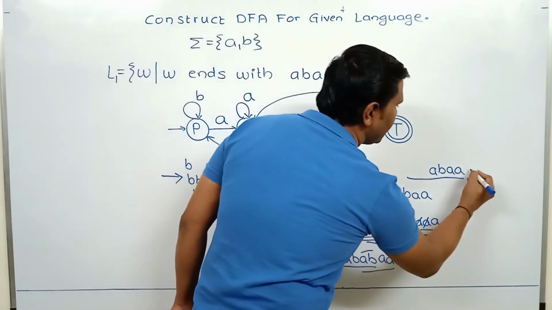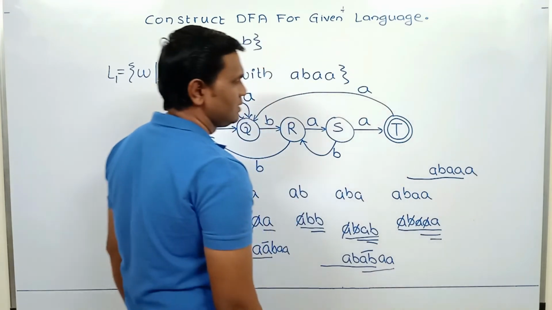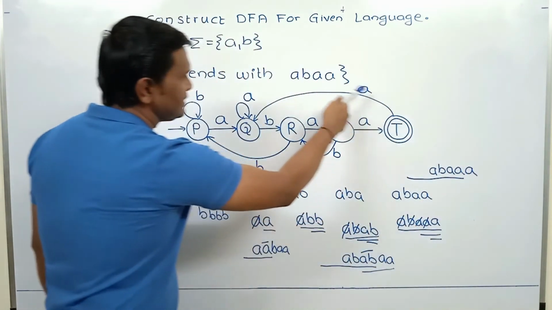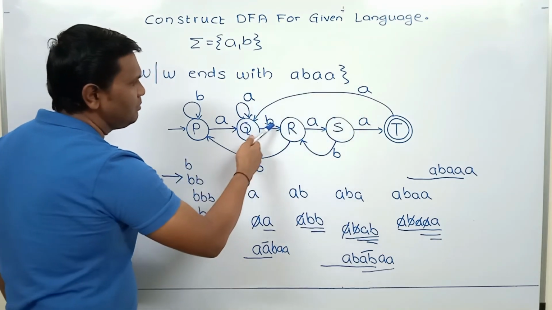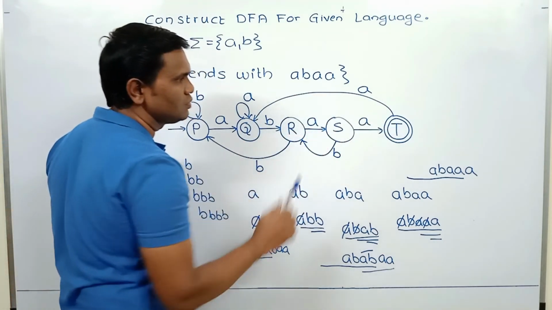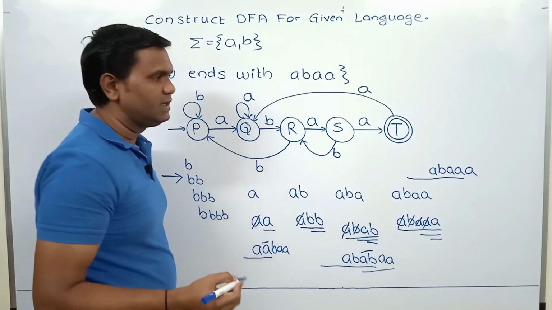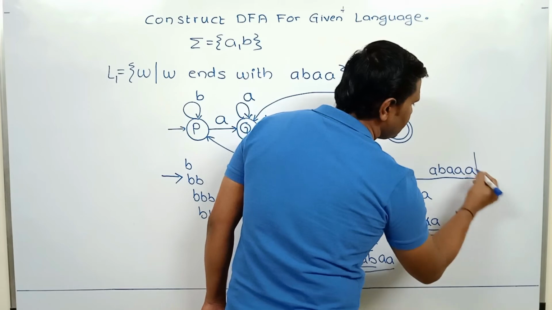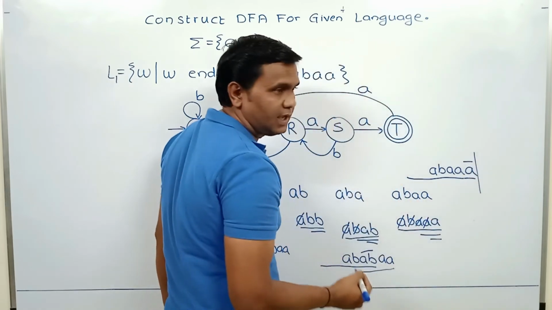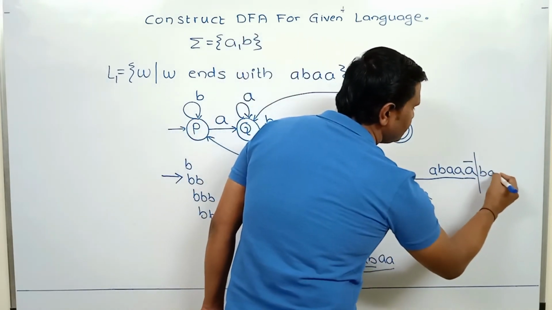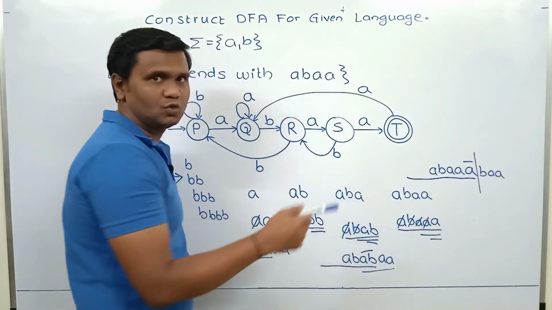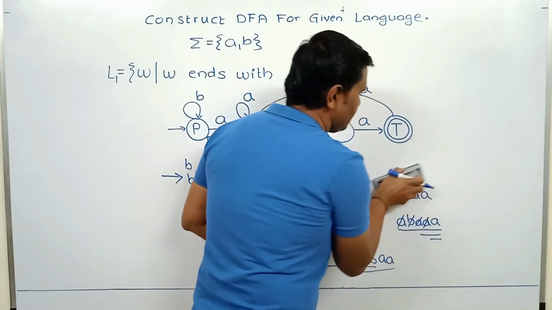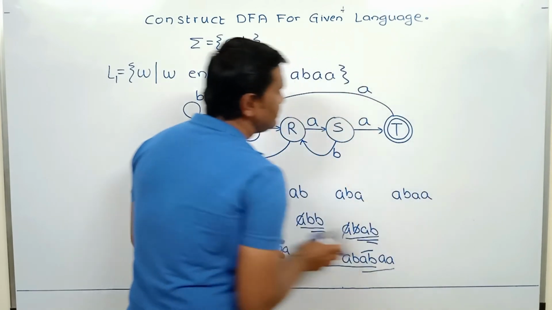We found another A. So we come to state Q. Now using this A, and BAA, it should reach the final state T. Using this A, so far the processing is over here. Now using this suffix A, if BAA comes, it should reach the final state. So we have handled the transition of A.